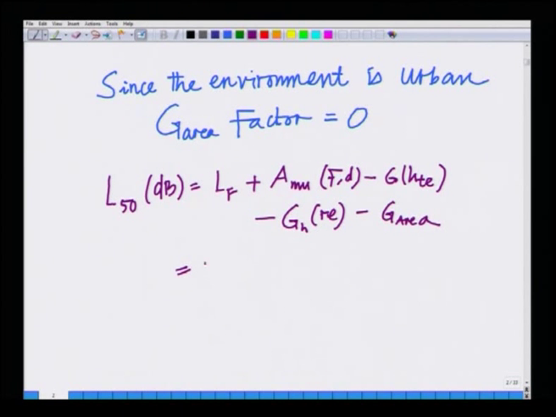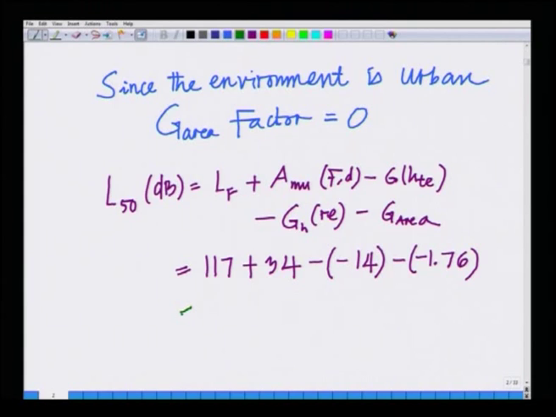This is the free space path loss, which is 117 dB, plus the mu factor of 34 dB, minus the transmit antenna gain factor of 14 dB, minus 1.76 dB, which is approximately equal to 167 dB.